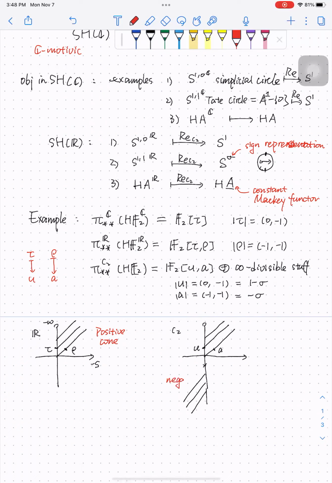And the negative cone part, because of the multiplicative structure, is usually harder to describe or harder to calculate.